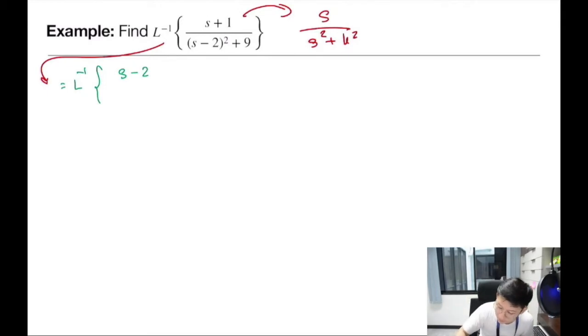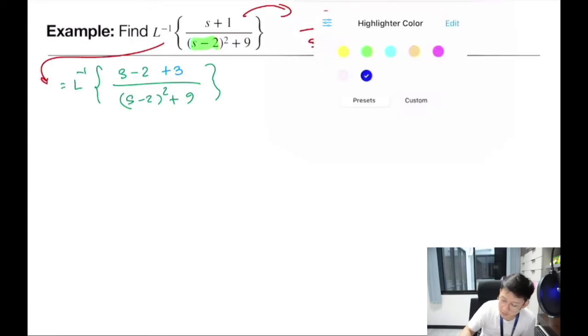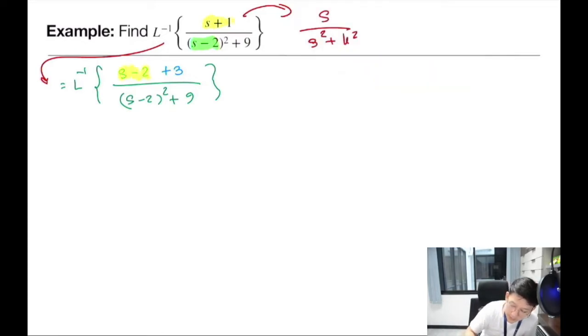Here it's fixed to s minus 2, so up there it needs to be s minus 2 as well. But if I want to make it from s plus 1 to s minus 2, I need to add 3. And then here it would be s minus 2 squared plus 9. Makes sense? Because s minus 2 plus 3 is s plus 1. These two terms are equivalent.